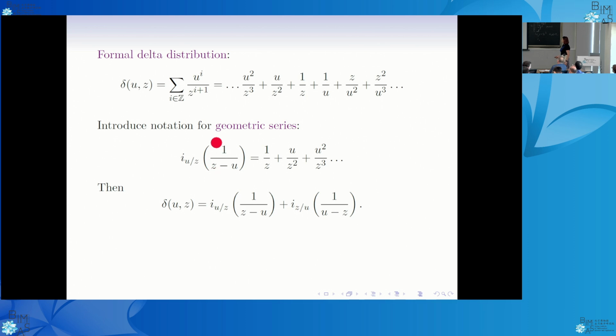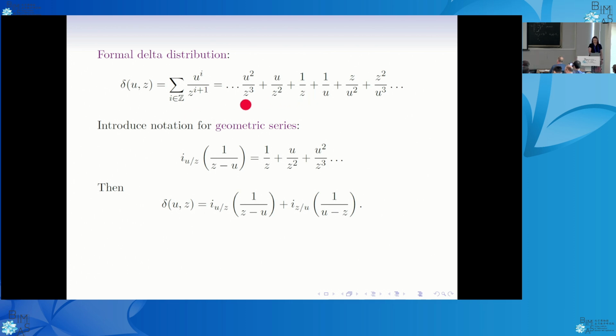This notation we are going to use for the geometric series. It's the expansion of this rational function in the region where u is less than z by absolute value. And we can see that the formal delta distribution, I have issues a little bit working with this.